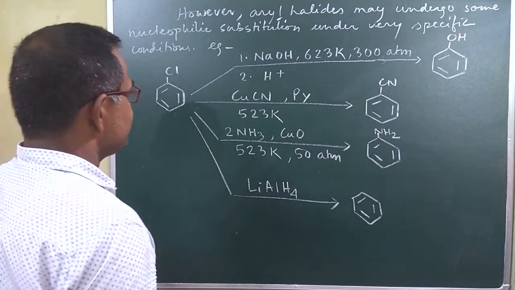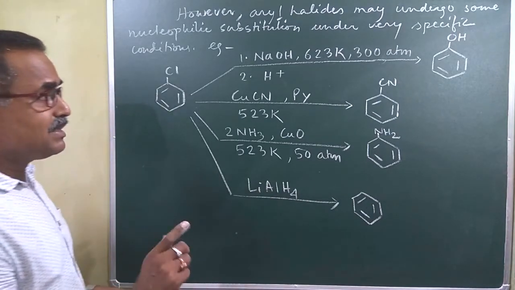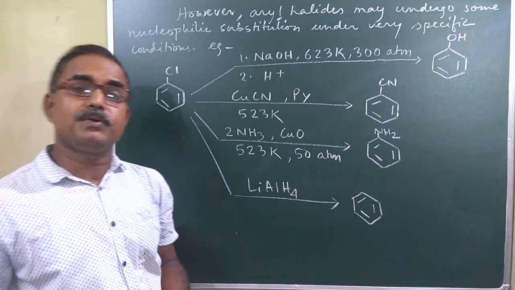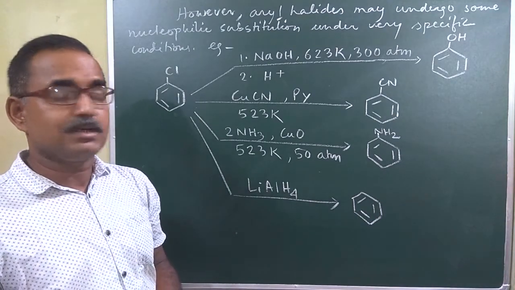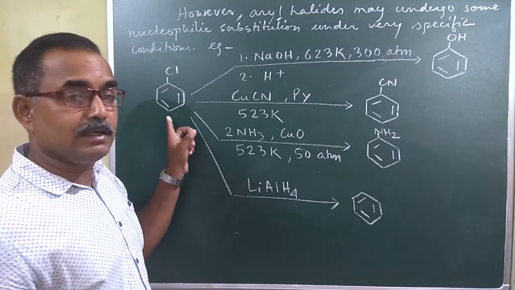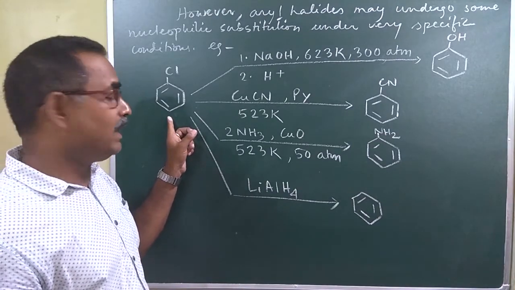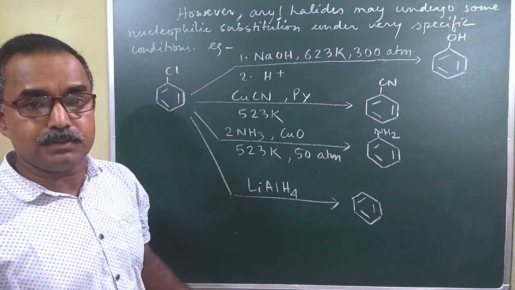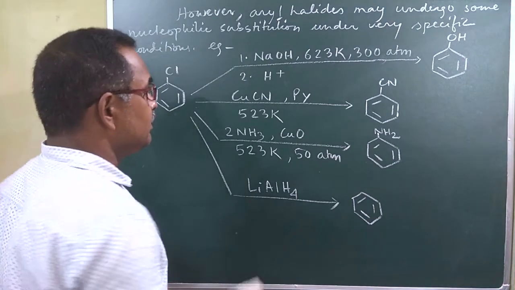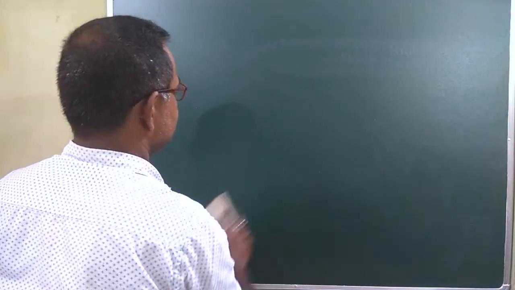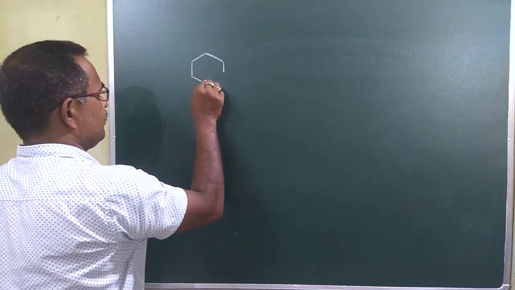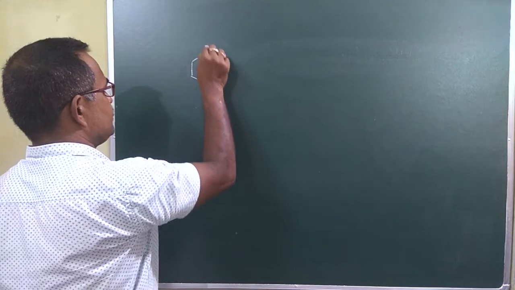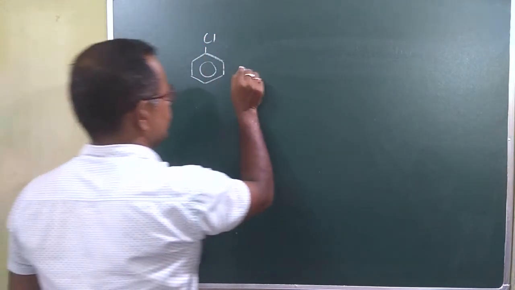Now we see the presence of electron withdrawing group. Presence of electron withdrawing group increases the reactivity of haloarenes or aryl halides towards nucleophilic substitution. Let us observe this. This is chlorobenzene.